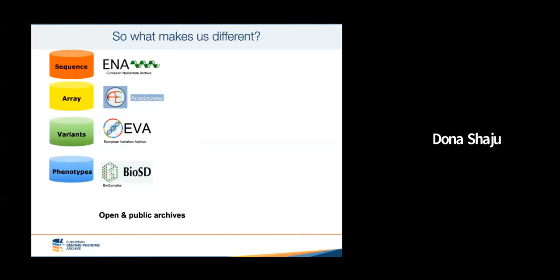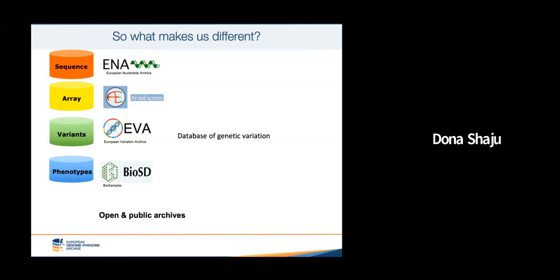So as you know, EMBL-EBI has many archiving services. So what makes EGA different? We have ENA, that is the European Nucleotide Archive. The ENA records raw sequencing data, sequence assembly information, and functional annotation. Then we have ArrayExpress, which is a database of functional genomics.